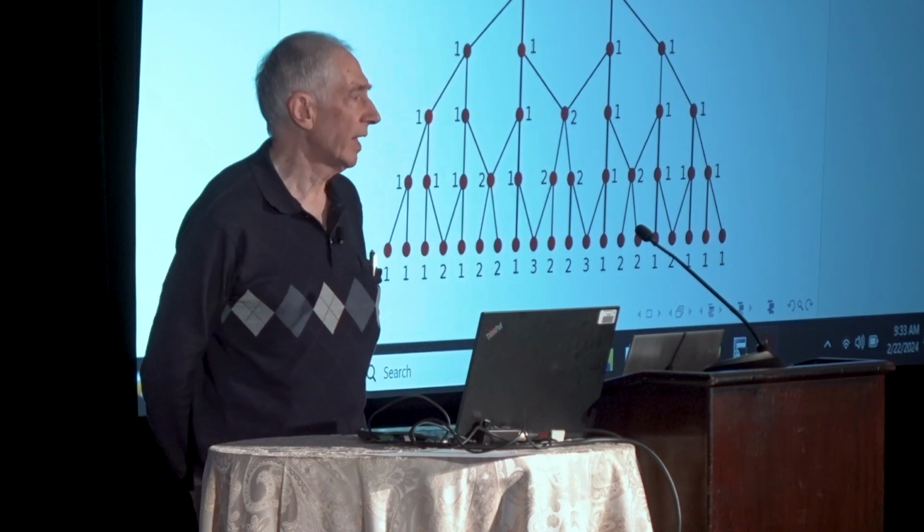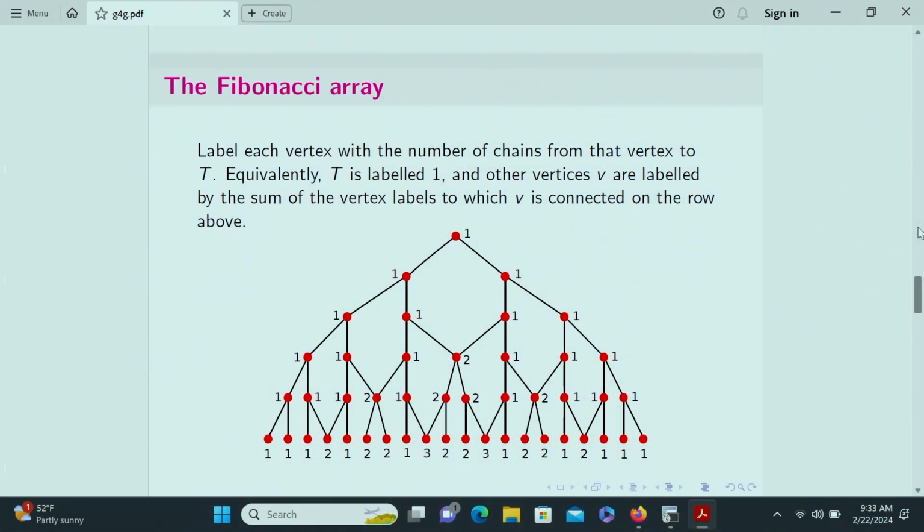And now I'm going to label each vertex with a positive integer so that we get this array of numbers I call the Fibonacci array. The rule is that the top vertex is labeled by 1, and once you've labeled level n, you take a vertex on level n plus 1 and label it by the sum of the labels that it's connected to on the row above.